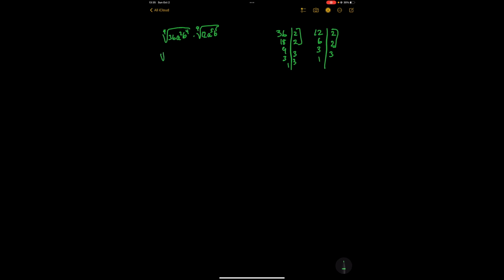this would be the fourth root of 36 a squared b to the fourth, a to the fifth b to the fifth, and times 12, right? Now, for 36, we can say it's going to be the fourth root of 2 times 2 times 3 times 3, times, now 12, 2 times 2 times 3.